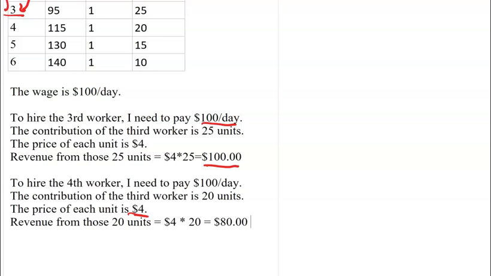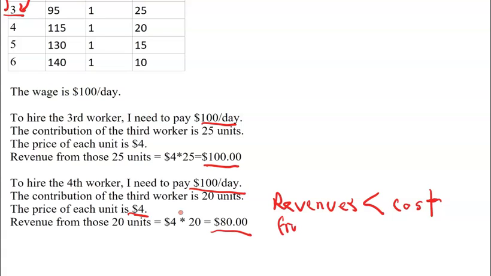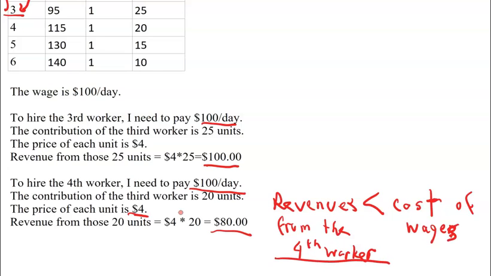If you notice here, my cost is 100, my revenue is 80. So the revenue from the fourth worker is less than the cost of wages of the fourth worker. In that case, I will not hire this fourth worker.